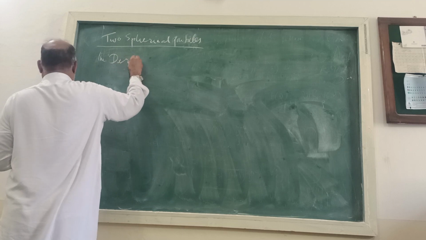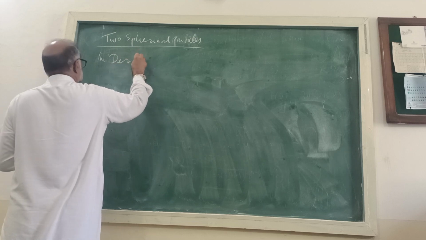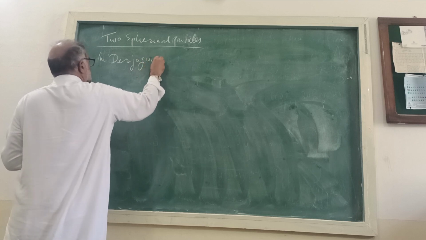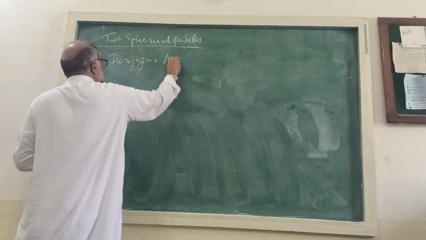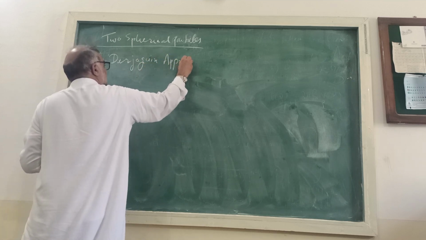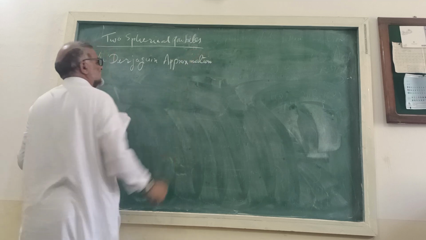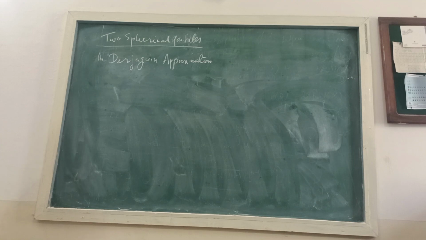The diagonal approximation. The full system, the mathematics gets very complex. Therefore, people have no other option but to use approximations to make things simple.